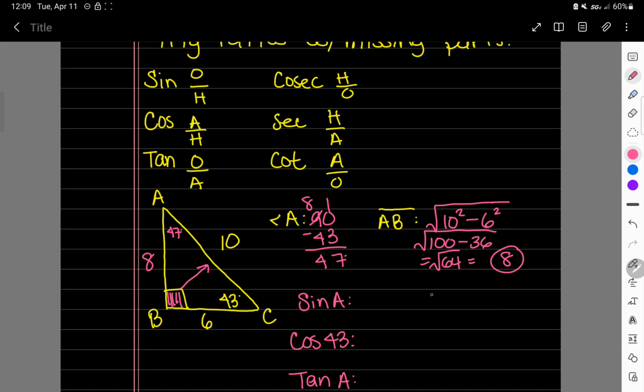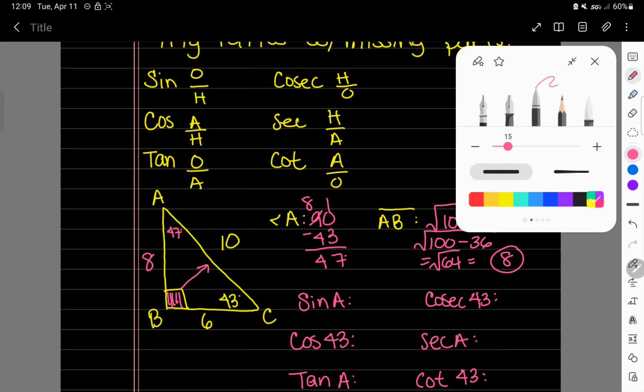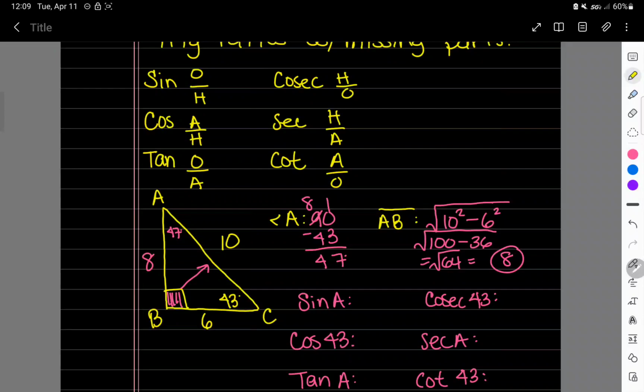We're going to do cosecant of 43, secant of A, and cotangent of 43. So I put A because we didn't know what A was. We know that A is 47 now. So you can change A to 47 when you write it down if you want to, but it's the same thing.